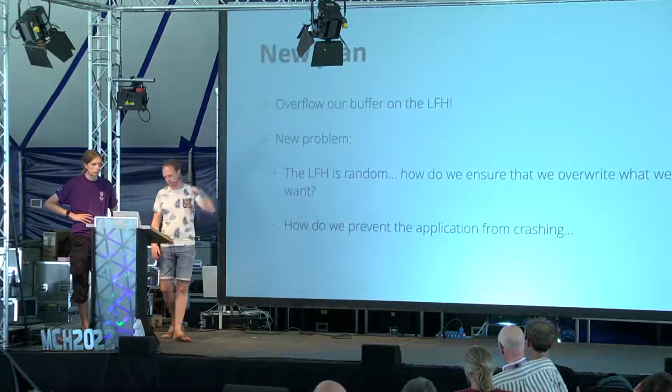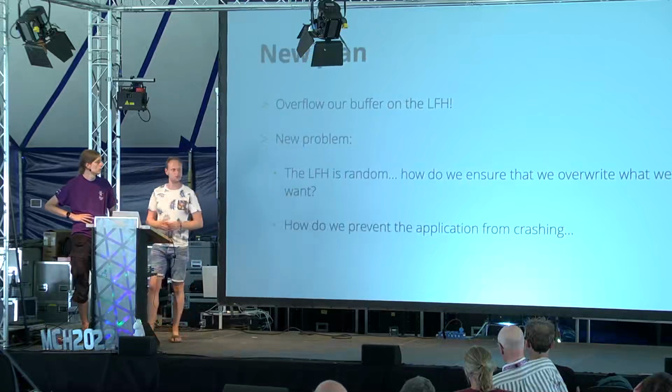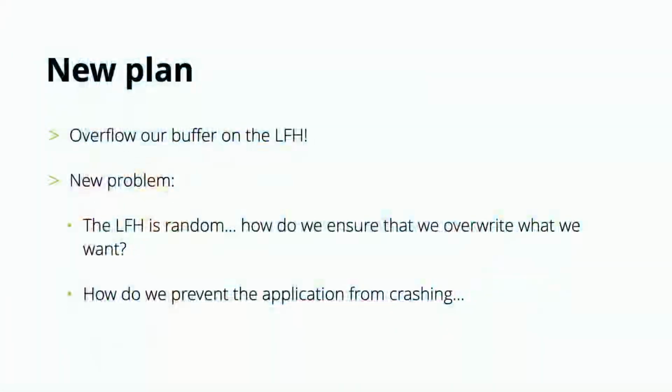So we thought, okay, there are people saying that, but we're going to try it anyway. What we did was we made sure that the buffer size that we could overflow was on the low fragment heap, and write our exploits working around the randomness of the low fragment heap.